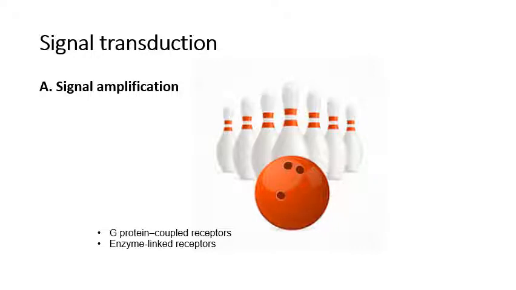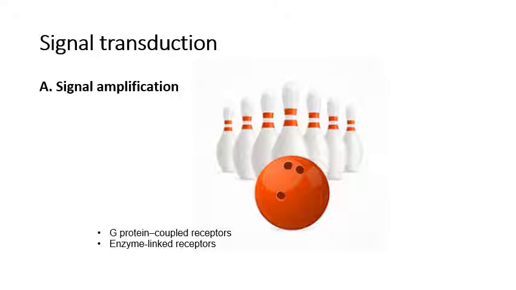Signal transduction is a phenomenon that happens with the activation of a receptor and the subsequent processes that occur due to this activation of the receptor. Signal amplification happens with G protein coupled receptors and enzyme linked receptors.